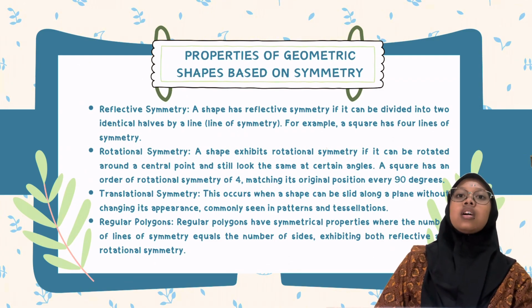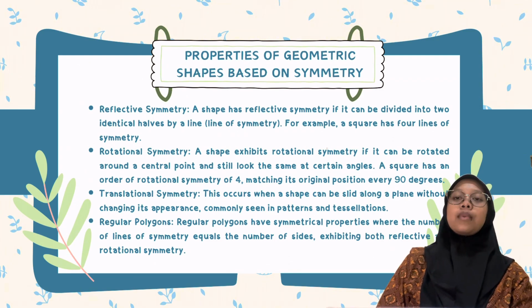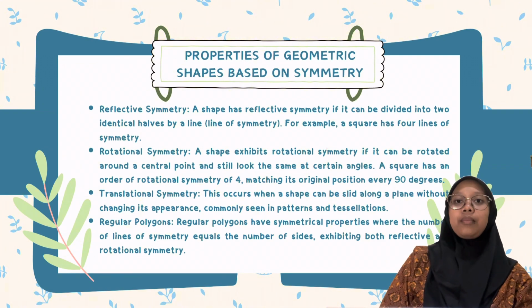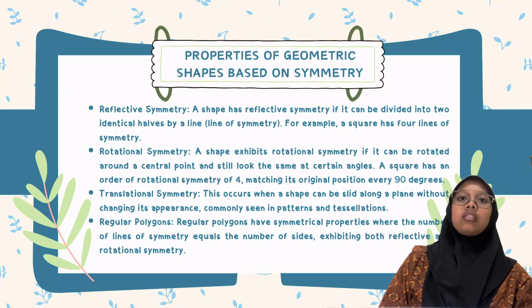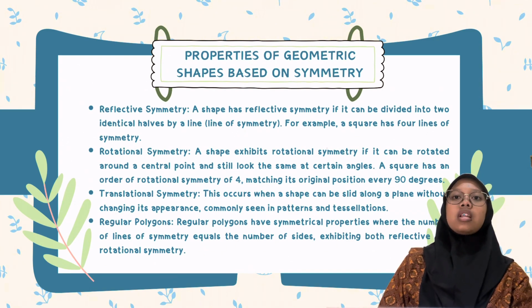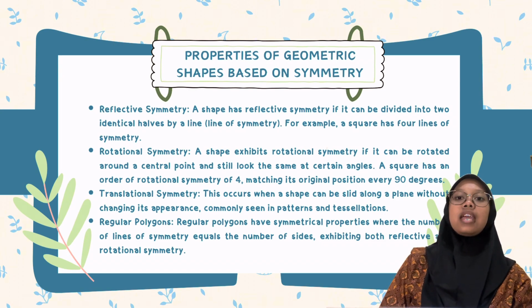Next, discuss properties of geometric shapes based on symmetry. Reflective symmetry. A shape has reflective symmetry if it can be divided into two identical halves by a line of symmetry. For example, a square has 4 lines of symmetry. Rotational symmetry. A shape exhibits rotational symmetry if it can be rotated around a central point and still look the same at certain angles.